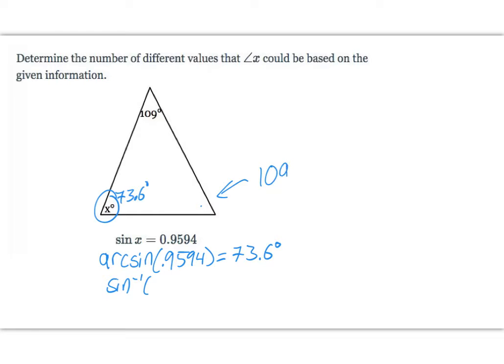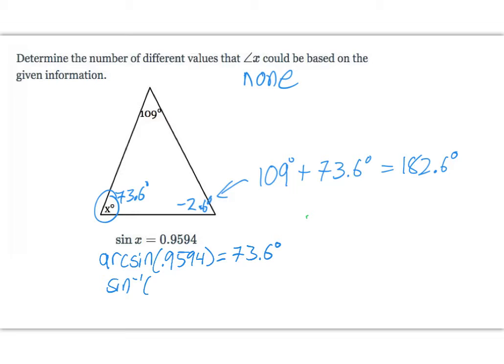If we've got 109 plus 73.6, that already equals 182.6 degrees, which means that this third angle would have to be -2.6. That doesn't make sense in a triangle, so in this case the answer would be none. There are 0 values this could be.